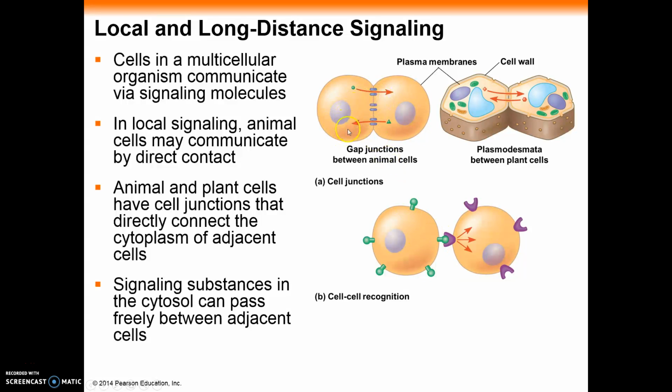In some cases, you have these things called gap junctions, and these gap junctions might allow particular signals to come through from one cell to another to allow a single signal to affect a whole grouping of cells. In plant cells, we have the plasmodesmata, which allows direct communication between those cells.